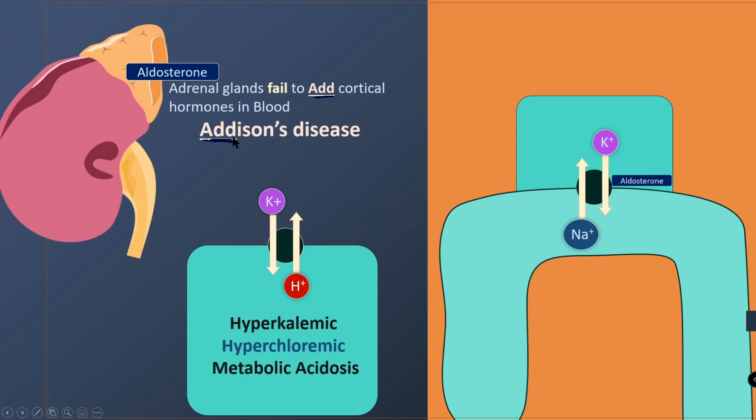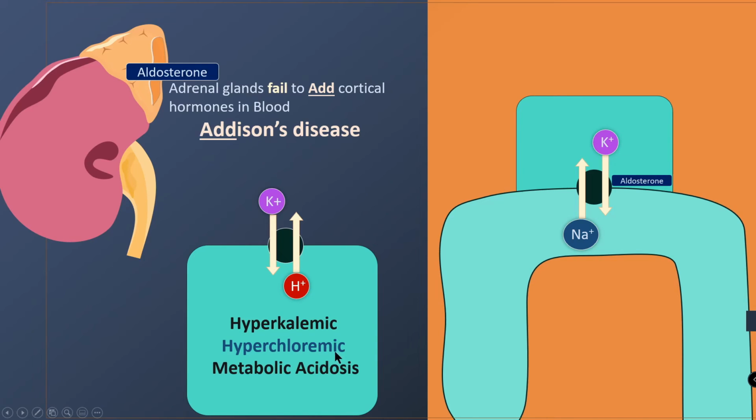It is of different types. I won't be discussing the details of Addison disease. But what happens is that cortical hormones are deficient. Cortisol is deficient. Aldosterone is also a cortical hormone, that is also deficient. And when aldosterone is deficient, you know what will happen? There will be increased potassium, hyperkalemia, and hyperkalemia will lead to an increase in proton.